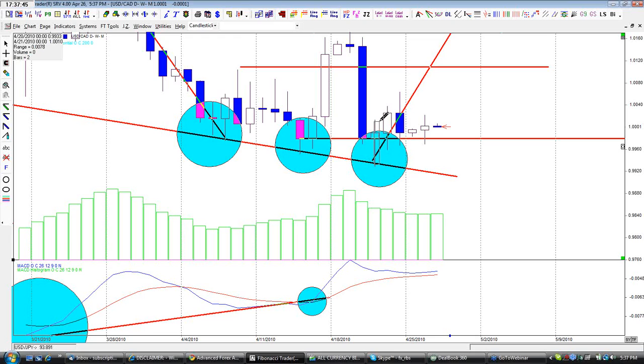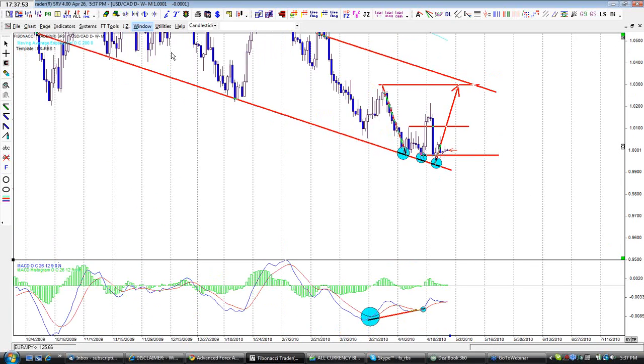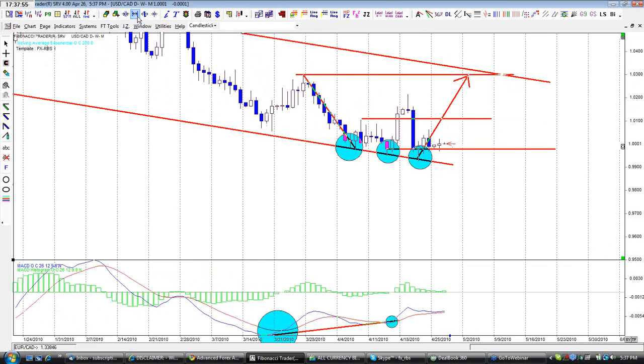Even just a small, on the daily candle, this looks like a small, not even a bounce, it's 80 pips. It looks like nothing on the daily chart.